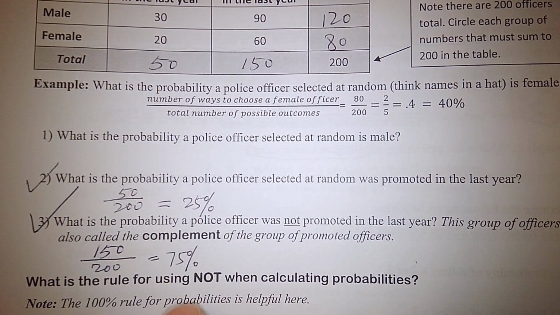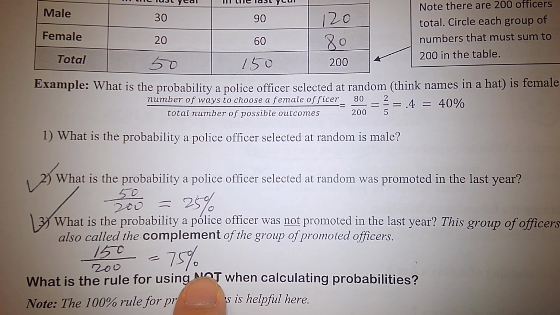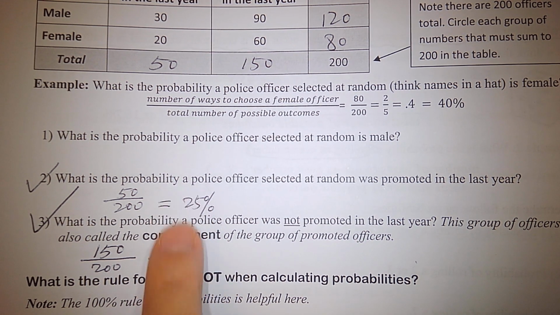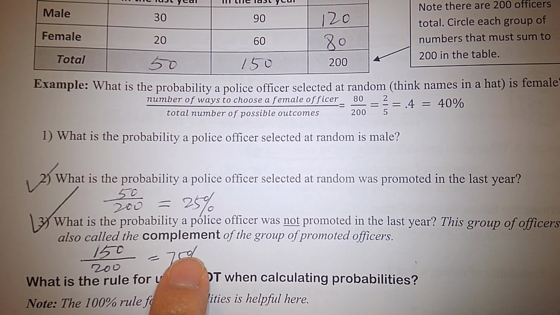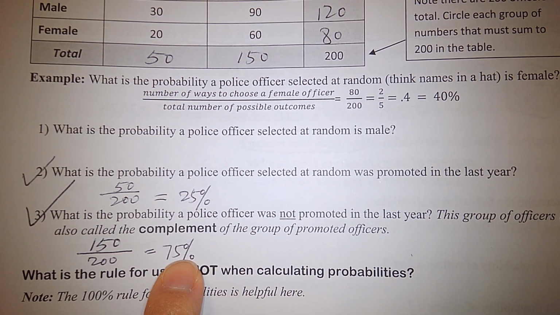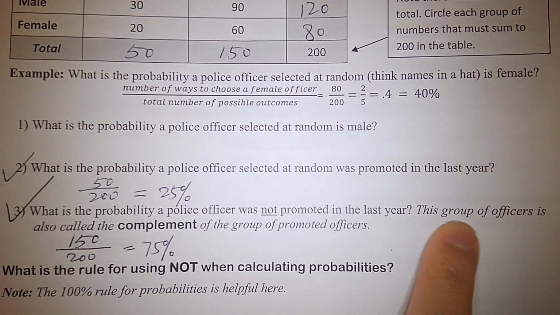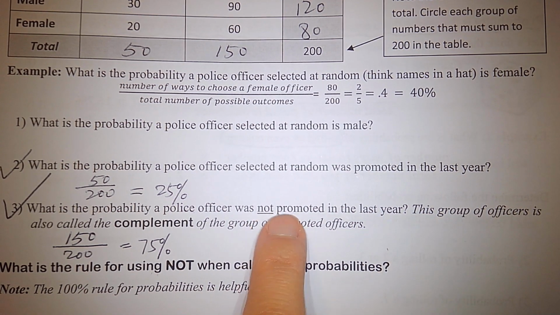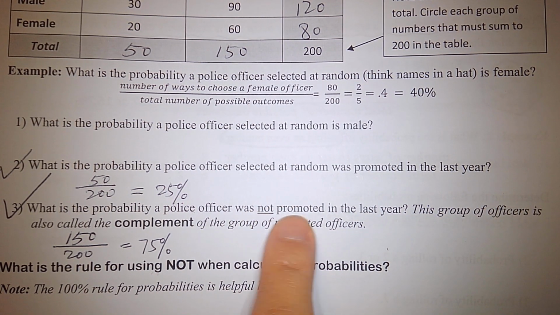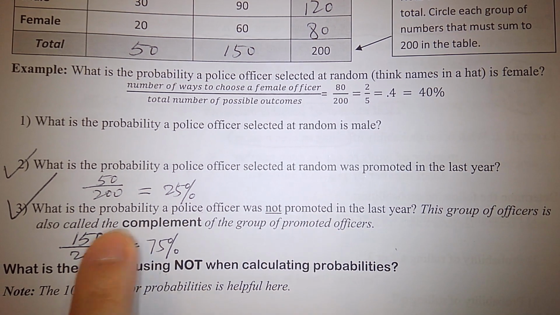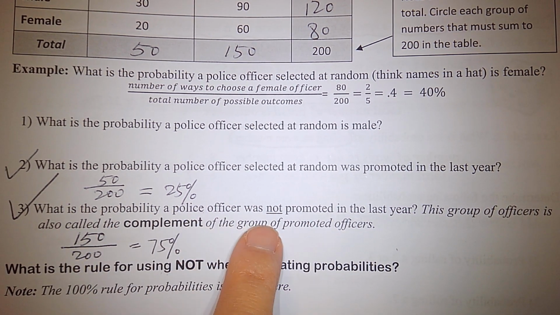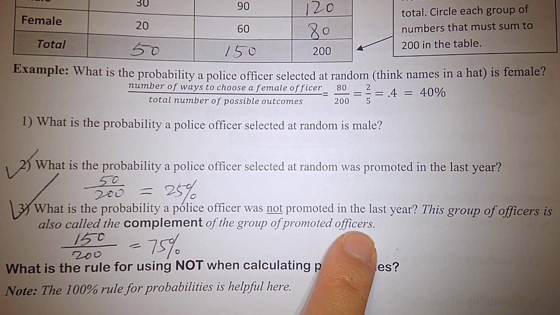25% was promoted, 75% was not promoted. You see? The sum of these two equals 100%, right? So this is why it says this group, the not promoted police officers, is also a complement of the group of the promoted officers.